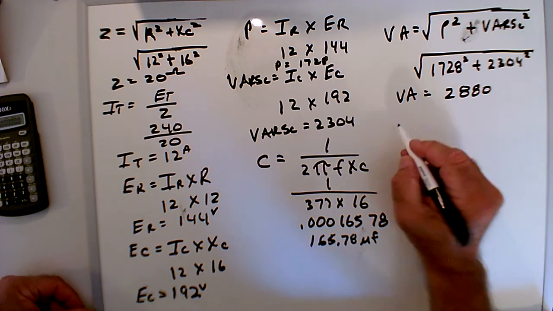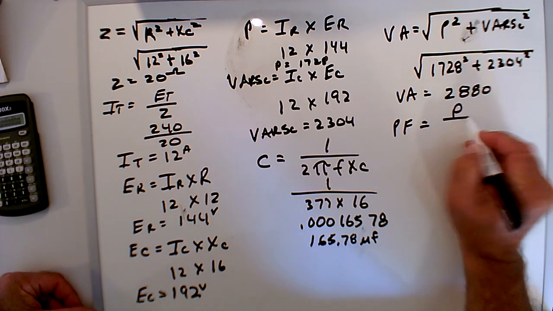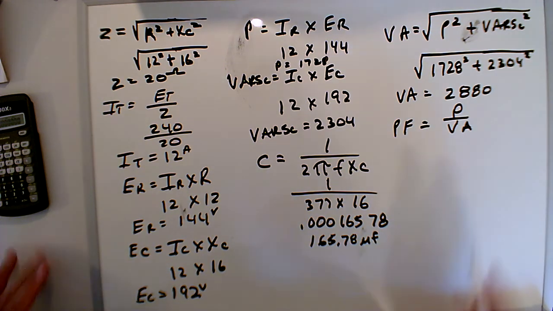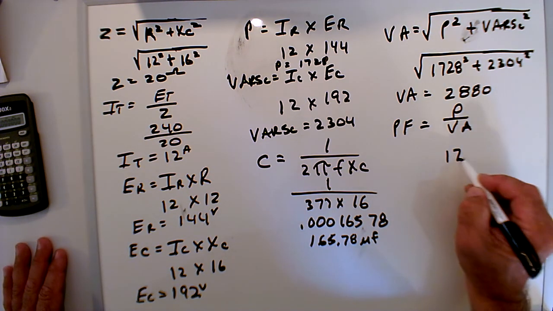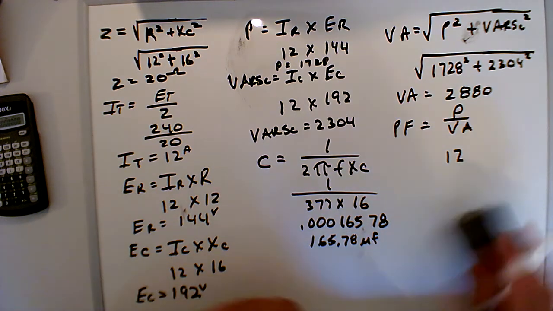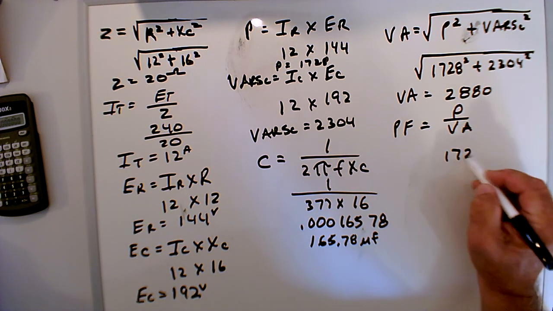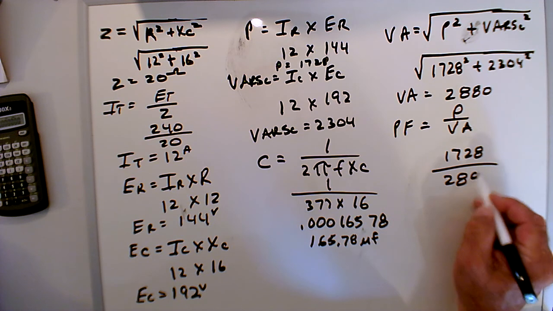The formula for power factor would be power divided by VA. So true power divided by the apparent power. In this case, it's 1,728 divided by 2,880.